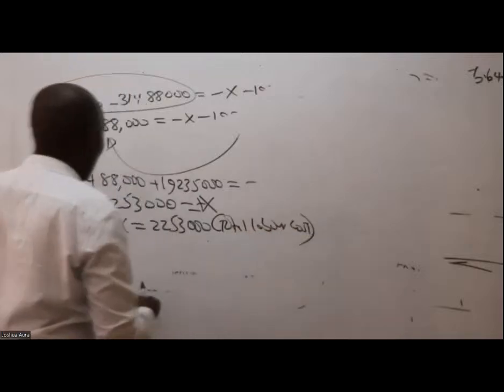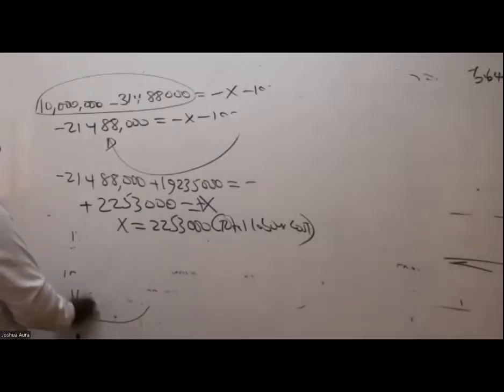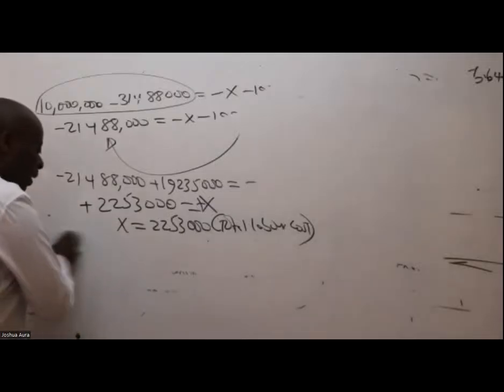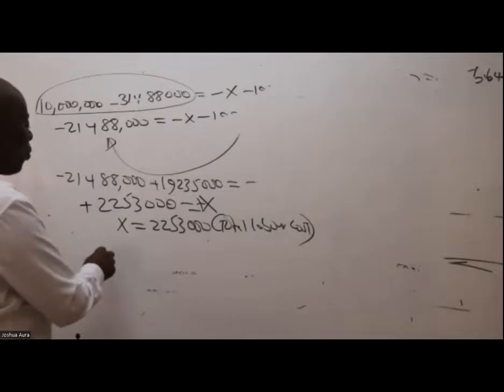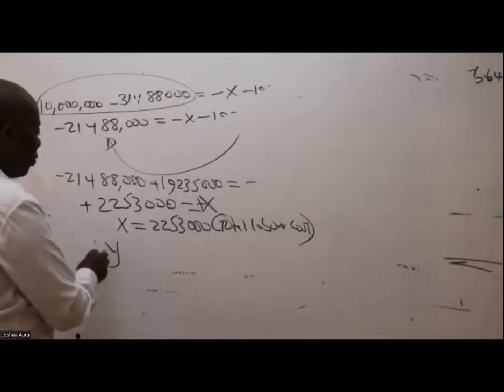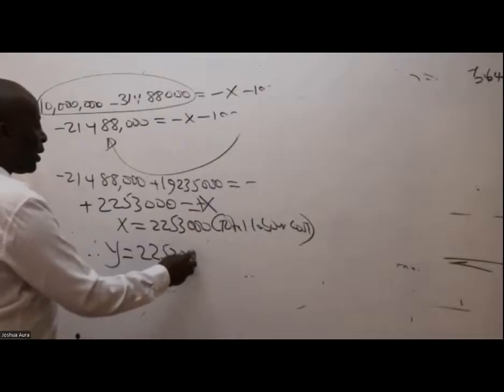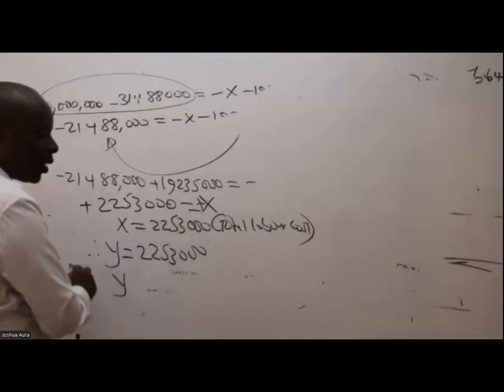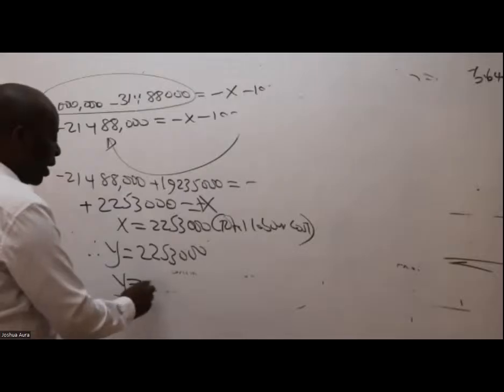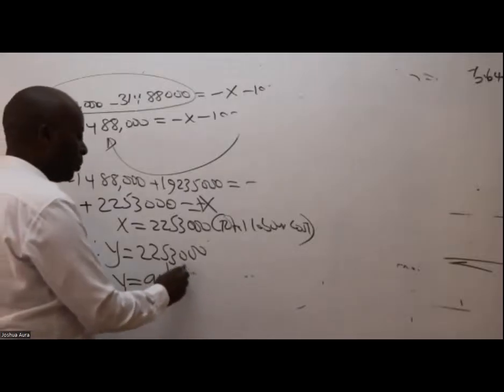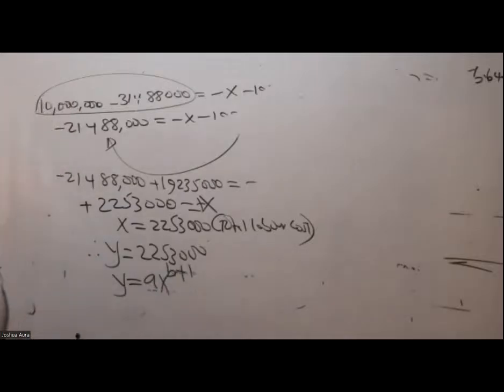Of which total labor cost, in the learning curve language, should be Y actually. Therefore, Y equals 22,53,000, like that. And we know that Y equals AX raised to B plus 1. All right, now I'm driving it there.